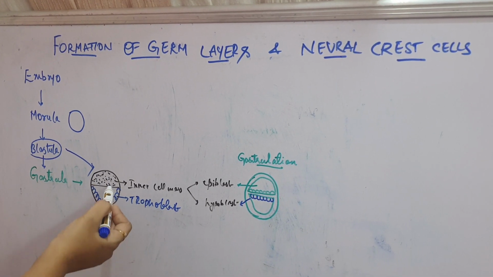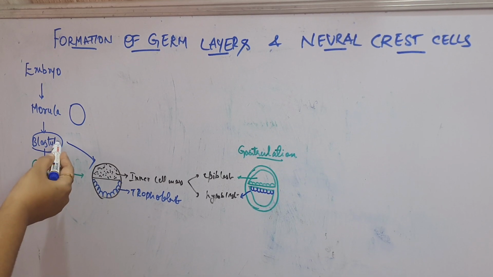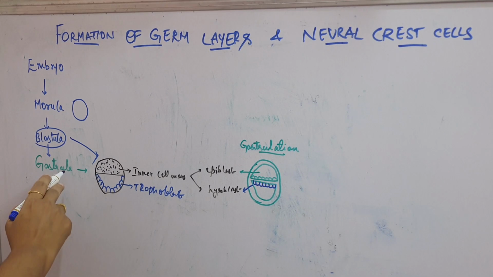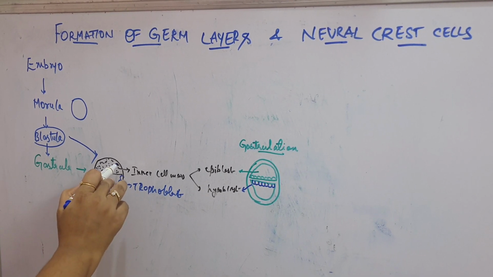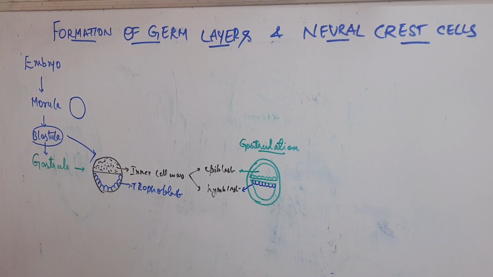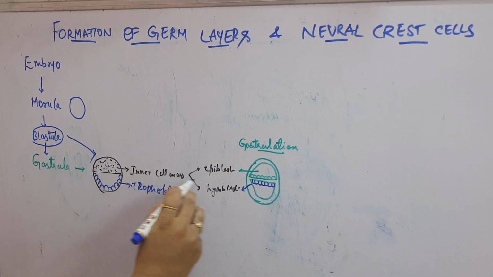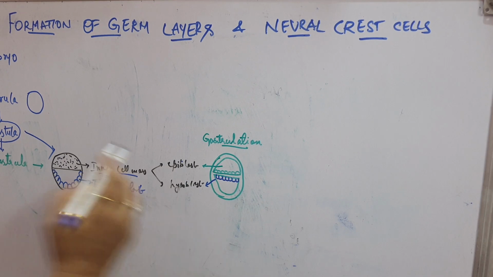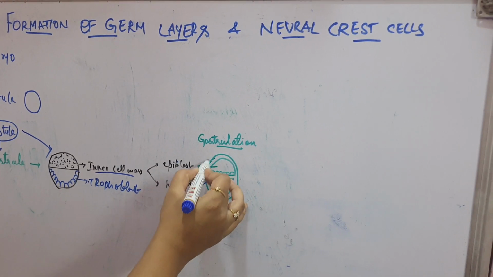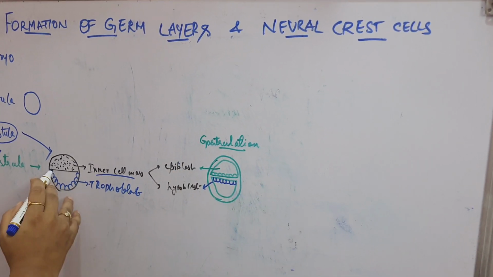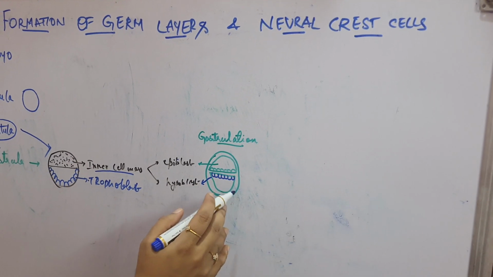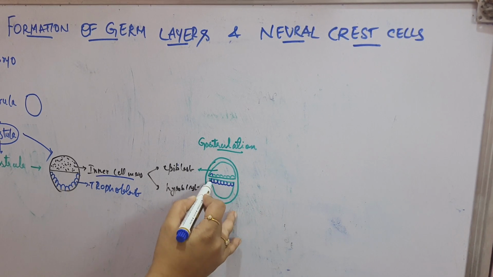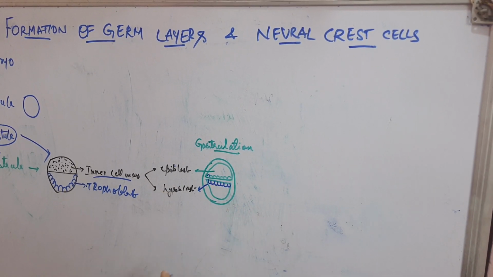Now in the next step the blastula will convert into the gastrula. This step is called gastrulation. What happens in gastrulation? The inner cell mass and trophoblast are present. This inner cell mass is again divided into two layers called epiblast and hypoblast. So suppose this is the embryo which we have drawn. This is the inner cell mass, which again changes into the outermost layer called epiblast and the innermost layer called hypoblast.